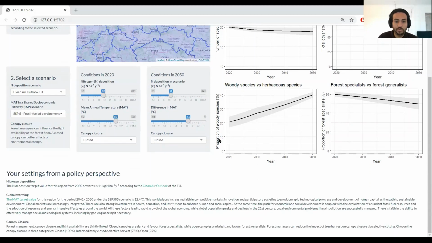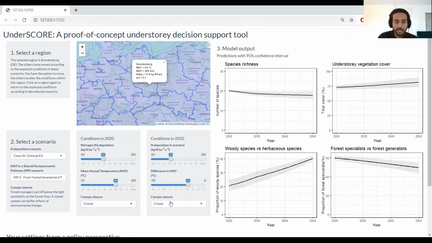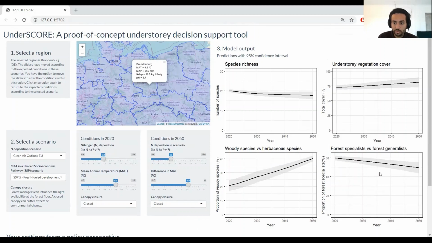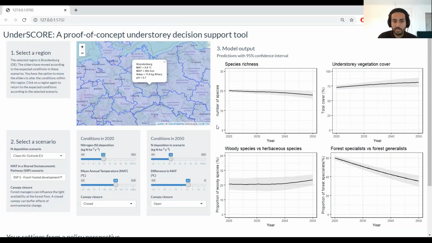What we really want to emphasize here is that forest managers can mitigate effects of climate change by choosing a different scenario. From a closed forest, you usually would see in the model a lesser decline in the amount of forest specialists. And if we keep forests open in the future, then we will lose more of these specialists.